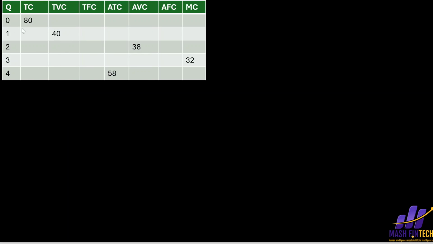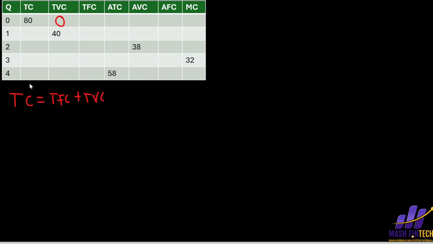Your total cost here is 80, for an output of 0. Remember, total variable cost depends on the level of output. So for an output of 0, you don't incur any variable cost, but the total fixed cost doesn't change. Remember, the total cost is given by the total fixed cost plus the total variable cost.